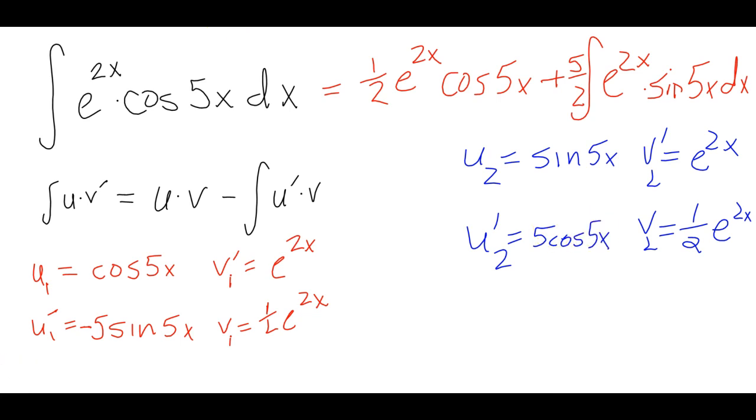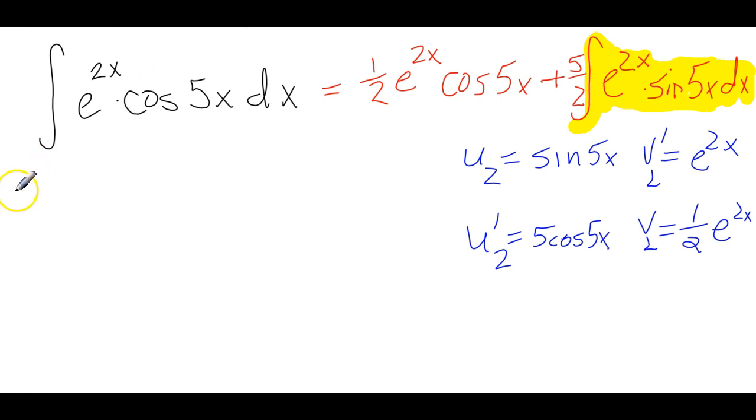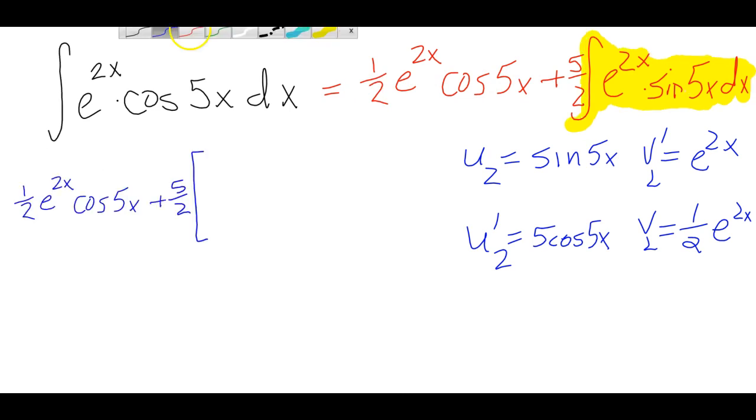Alright, and now I'm ready to expand this part. Now this part right here is being multiplied by 5/2. I'm going to keep that 5/2 out there and distribute it through in just a little bit. So I'm going to keep all of this that I had to begin with. Now inside of this, we're all the way up to where the yellow started at the 5/2. We're going to replace this with integration by parts.